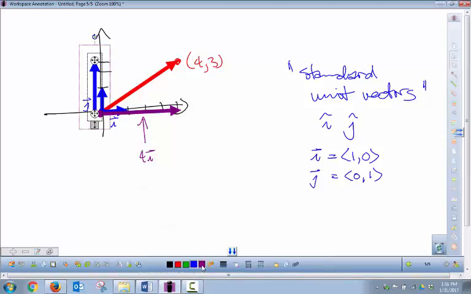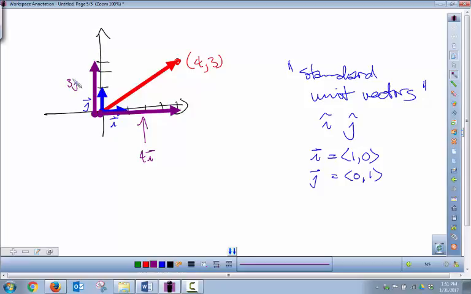And then I can imagine adding those two vectors. If I add those two vectors, I would get that little rectangle, and then I would start at the origin and end up at the head of this vector, so that's exactly the same.